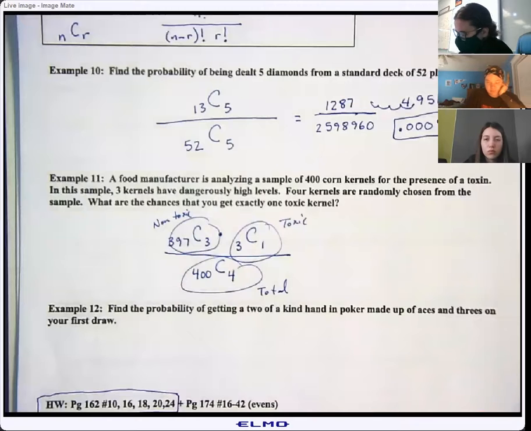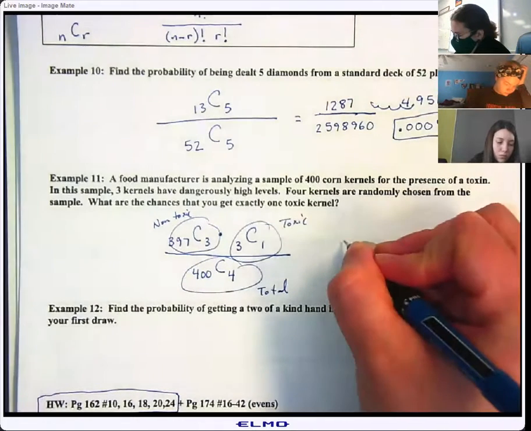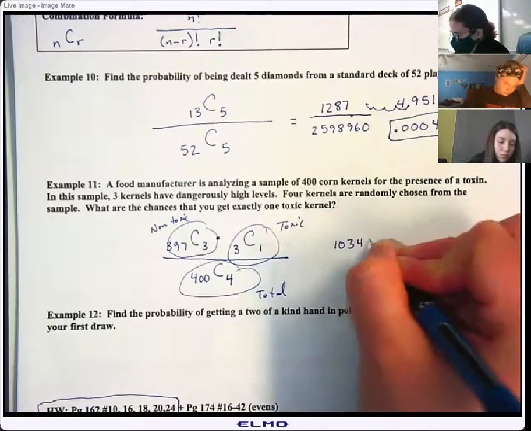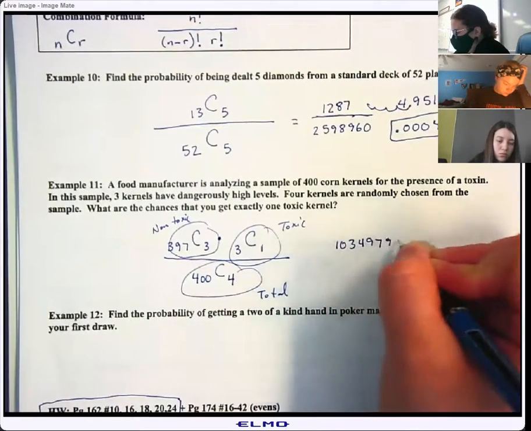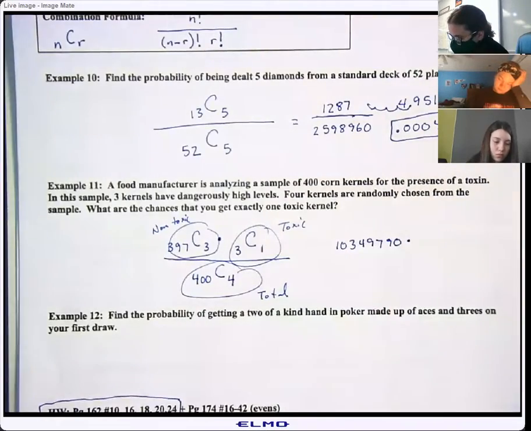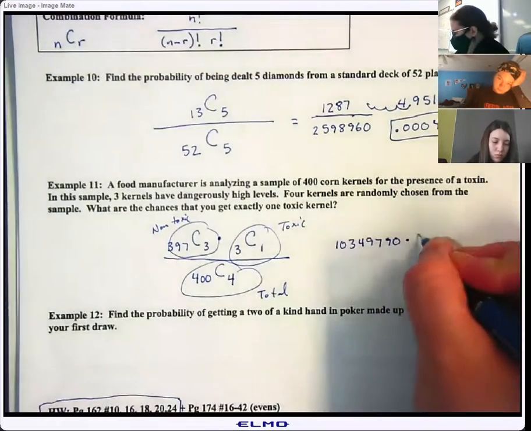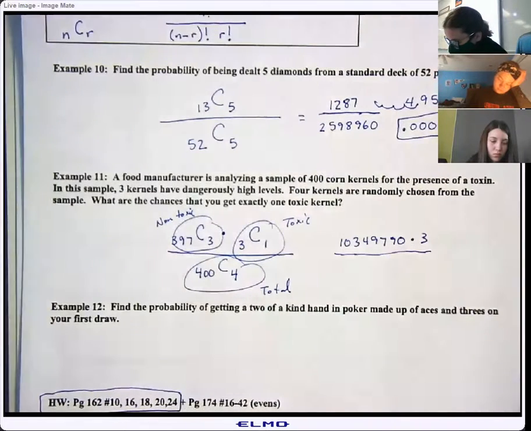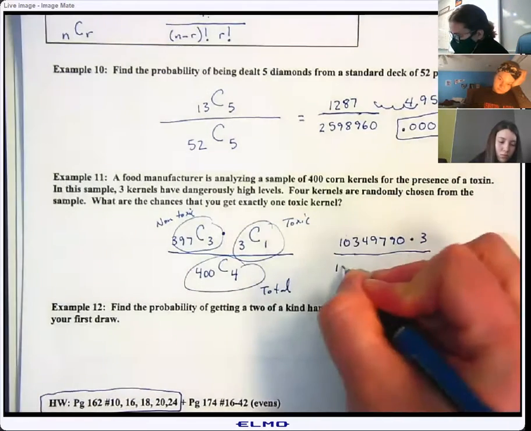In your calculator right now, you're going to do 397 choose 3. You can do this all at once, by the way, with the right kind of parentheses. 3 choose 1 is just 3. 400 choose 4 is an even larger number.